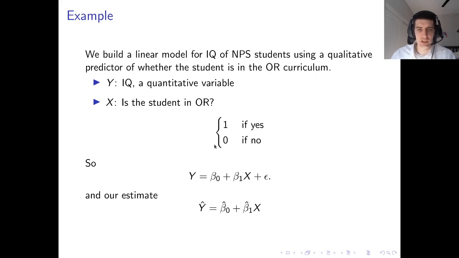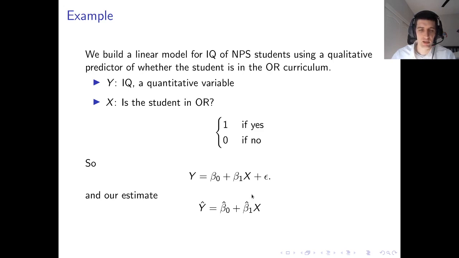If the student is in OR, that means x is going to be 1, right? And if x is 1, then our estimate is going to be beta 0 hat plus beta 1 hat times 1. So the estimate of the IQ is beta 0 hat plus beta 1 hat.